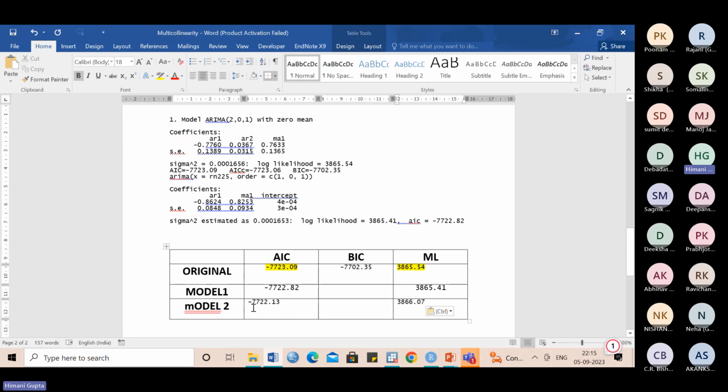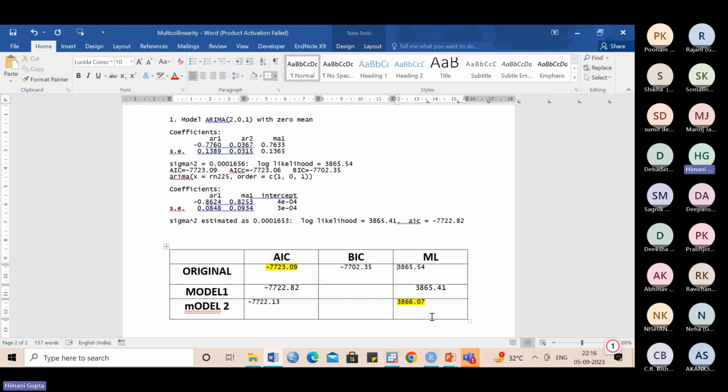Now let's compare. It is 772213. Again, this is the minimum, and it's 3866. Now see over here, this is your maximum. This is 3865 and this is 3866. Now in this case, this becomes maximum. And if I'm going to compare all these three, this is not a maximum term. Now this will become your maximum. So AIC is saying take this, but maximum log likelihood is saying take this.